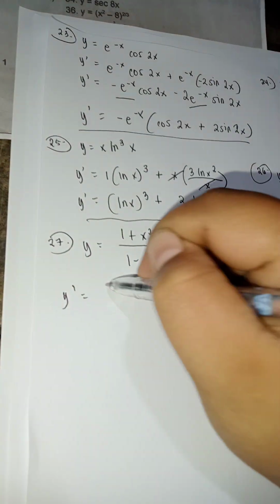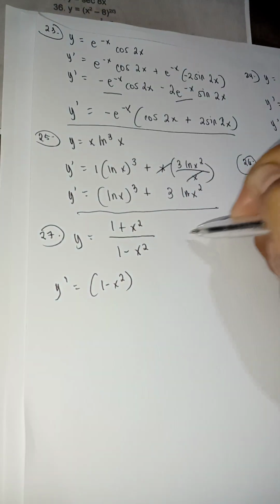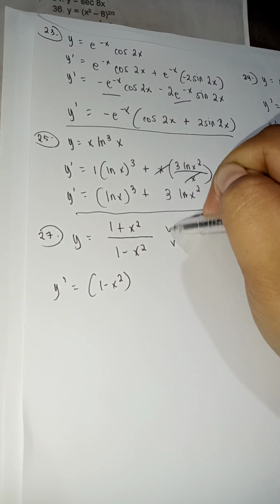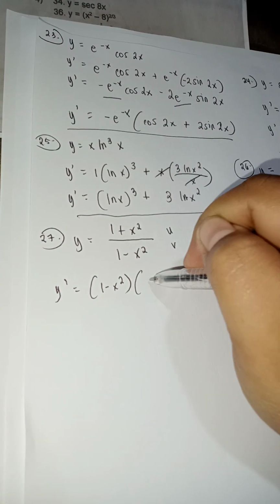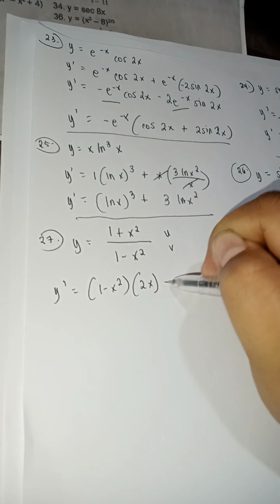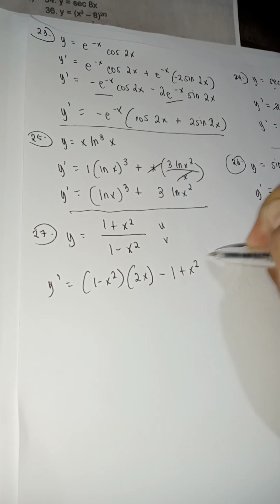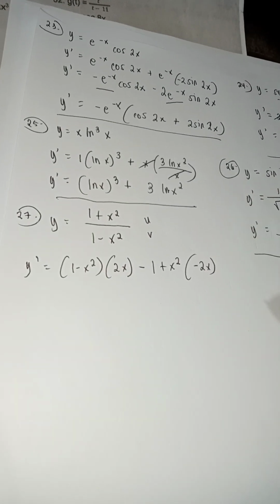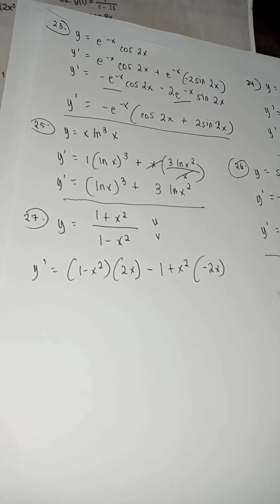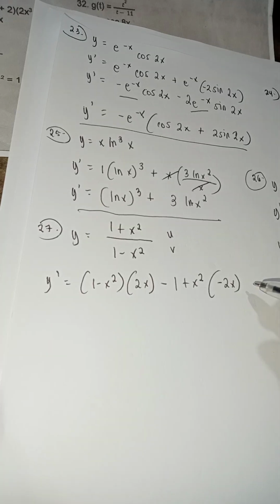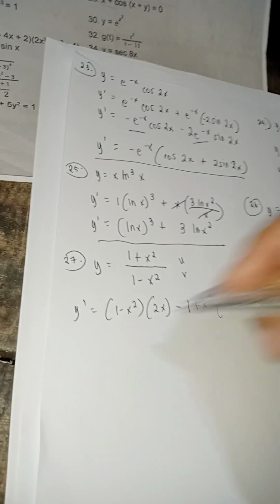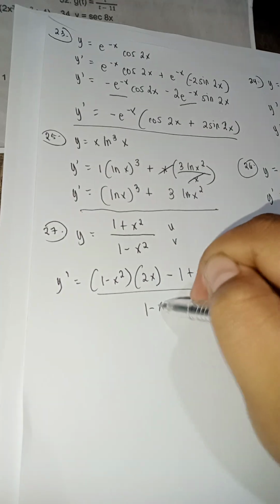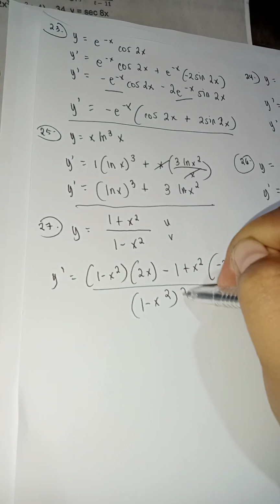Y prime is equal to, copy 1 minus x squared, this is our v, times the derivative of 1 plus x squared, which is 2x, minus copy 1 plus x squared times the derivative of 1 minus x squared, which is negative 2x, over 1 minus x squared to the second power.